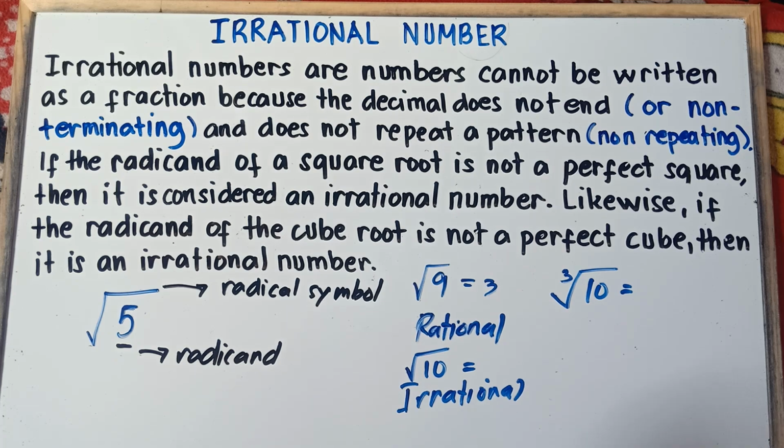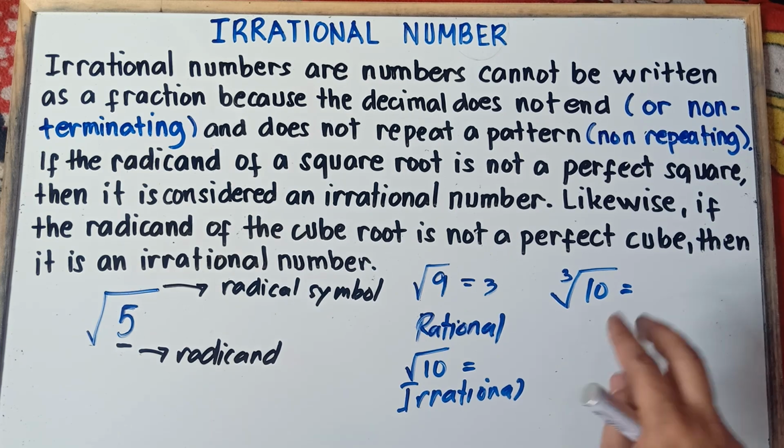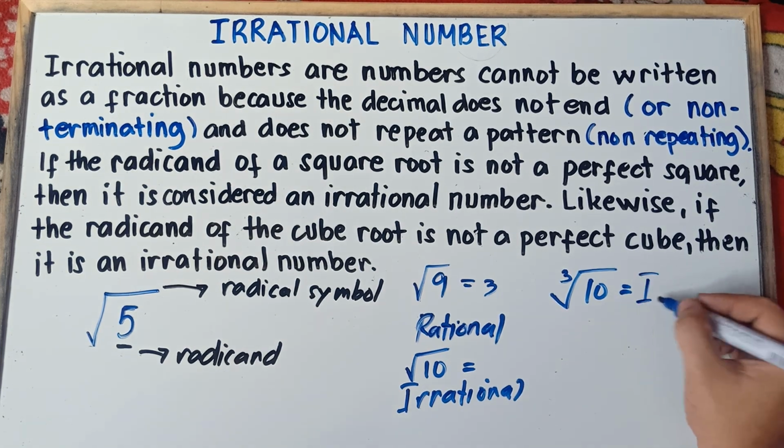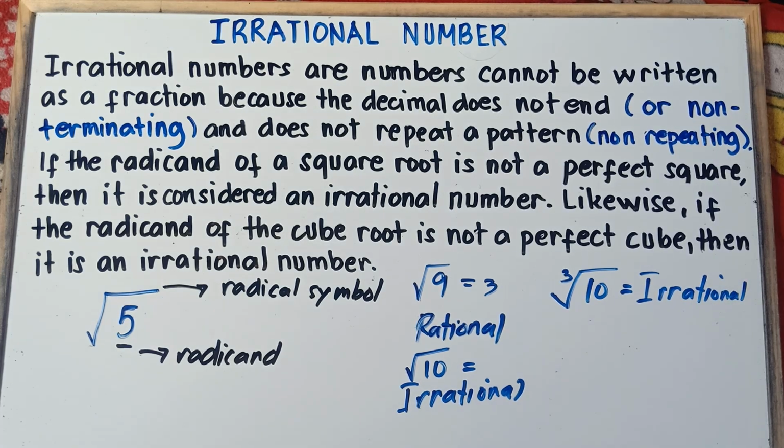For 2, 2 times 2 times 2, that's only 8. For 3, 3 times 3 times 3, that's 27. Therefore, we don't have a number that, multiplied by itself three times, gives 10. So 10 is not a perfect cube, and therefore our answer is an irrational number. So cube root of 10 is an irrational number.